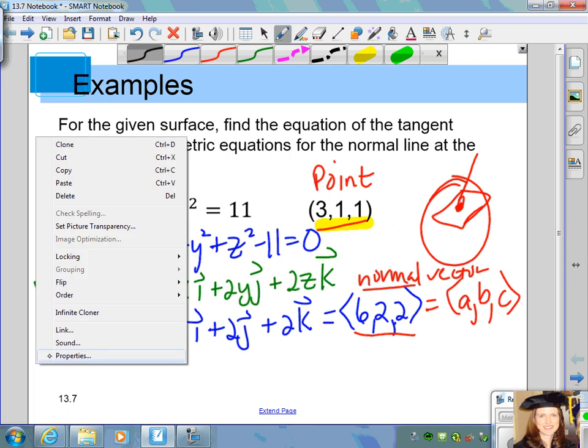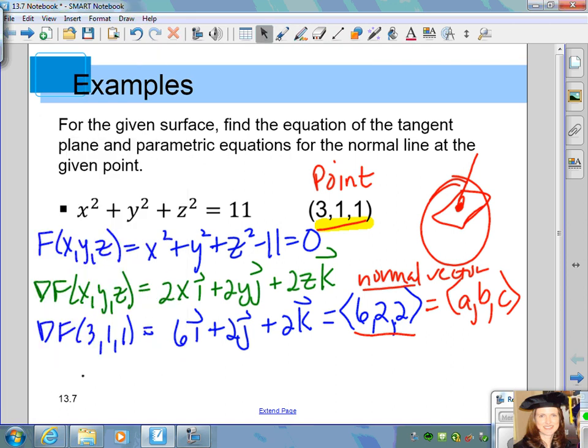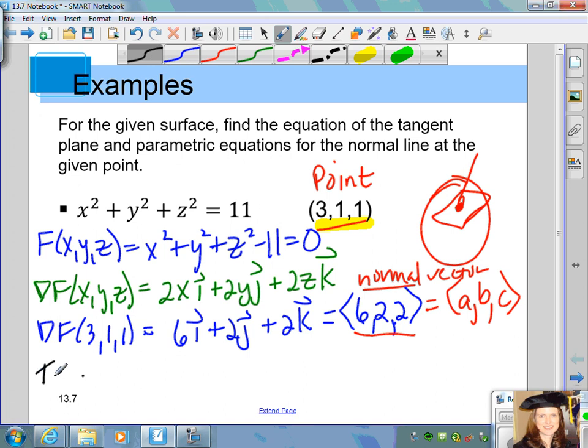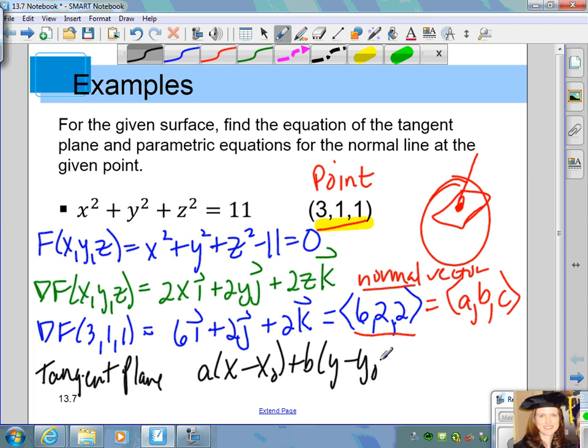So for the tangent plane, using a, b, and c as your coefficients and your point 3, 1, 1, again, the equation of a plane is in the form a times the quantity x minus x sub 0, plus b times the quantity y minus y sub 0, plus c times the quantity z minus z sub 0, equals 0.